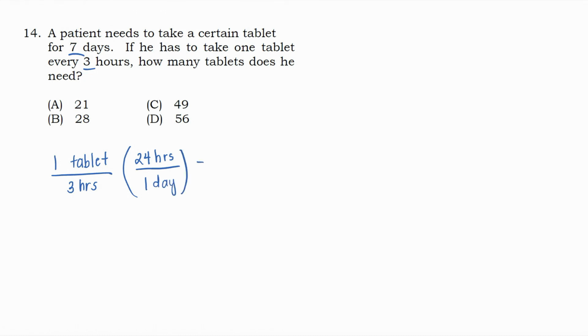So, 24 divided by 3 is equal to 8. So, 8 tablets per 1 day, per day. Ayan. And then, pinapahanap sa atin is kung ilan yung kailangan niyang inumin in 7 days. So, i-multiply natin siya by 7. So, 7 days. So, makakancel yung days. So, 8 times 7 is equal to 56. So, 56 tablets yung kailangan niyang inumin in 7 days.